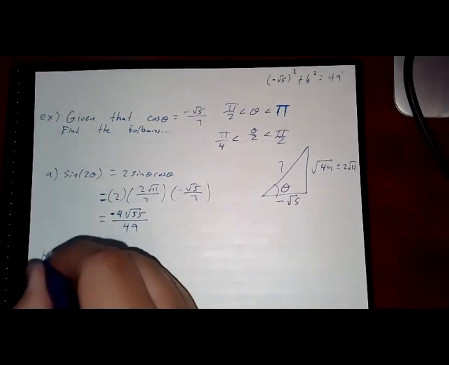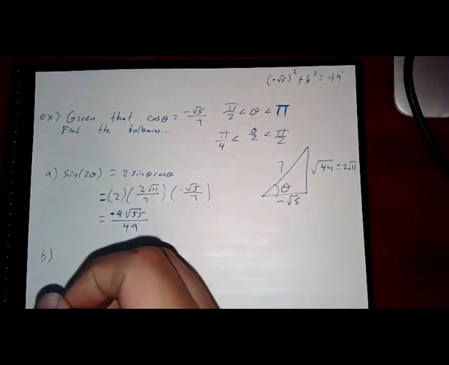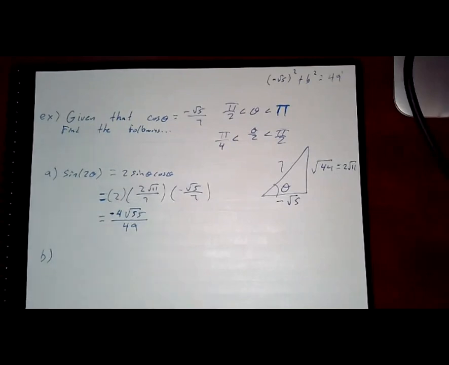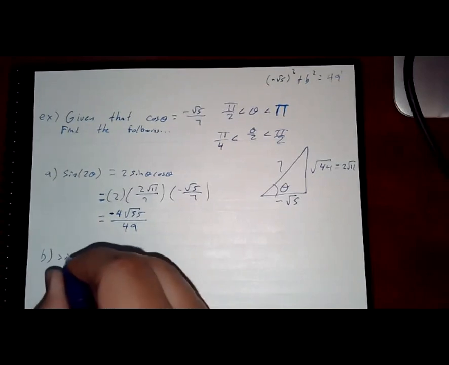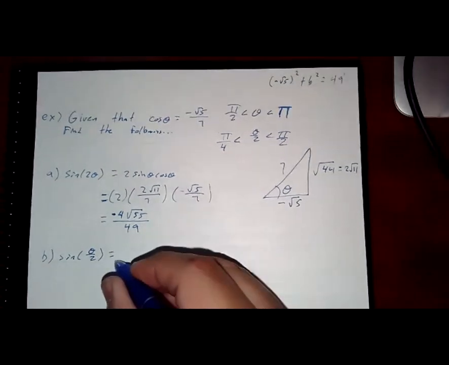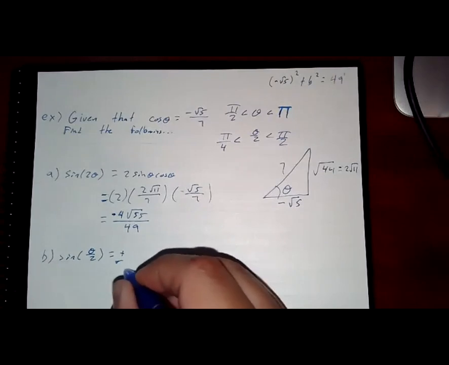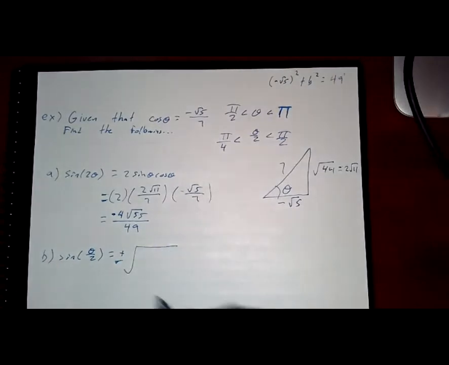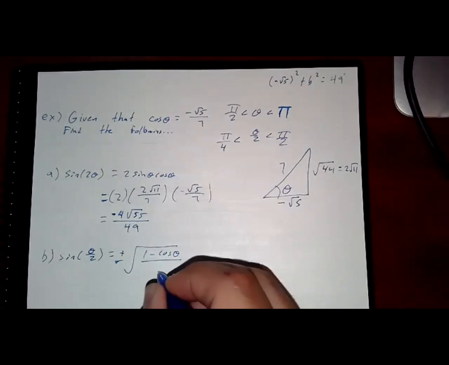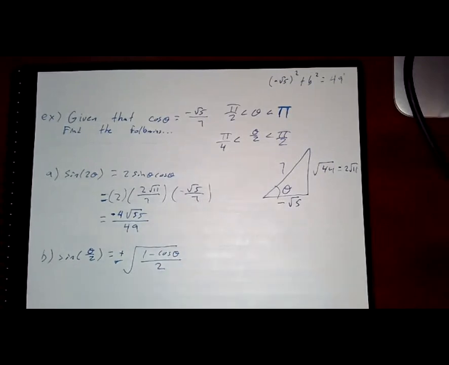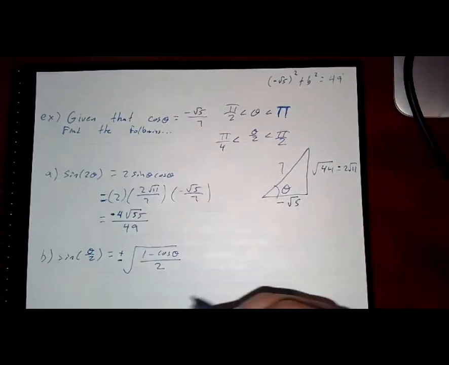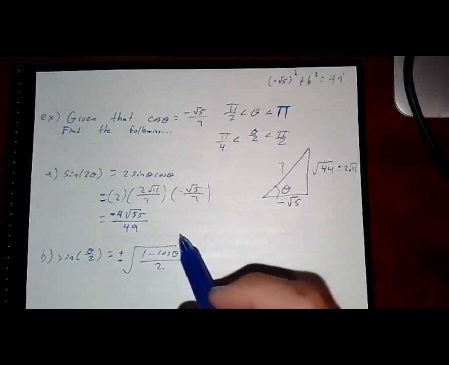All right, next one. Part B. Let's go ahead and move to a harder one. Let's do the half angle, sine of theta over 2. The formula we did before was plus or minus the square root of 1 minus cosine theta over 2. But we need to decide.